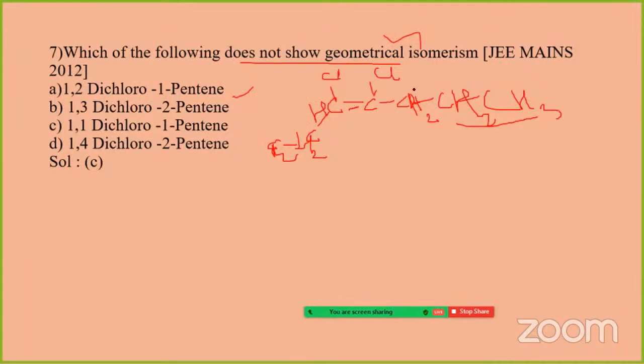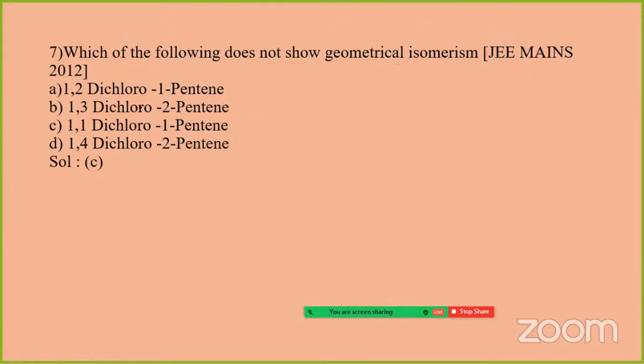If they are present on opposite sides, it will become trans isomerism. So the first one will show geometrical isomerism. Then the second one, 1,3-dichloropentene, can also show the geometrical isomerism because we can rotate about the third position double bond. Then 1,1-dichloropentene cannot show the geometrical isomerism. So how? Let us see here.